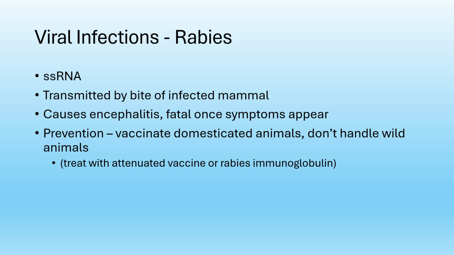Prevention. One thing that has been huge is to vaccinate domesticated animals. Vaccinate your cats and your dogs. The other big thing is don't handle wild animals. Wild animals are wild animals. Leave them alone.